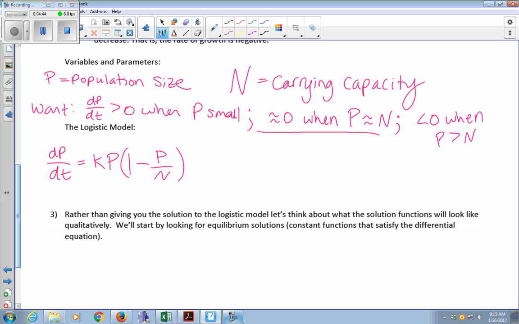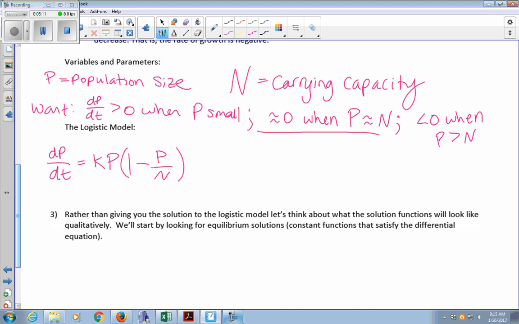When P is really small, the numerator is a very small number compared to N, so this factor is approximately 1, and I have kP. So dP/dt equals kP when P is small. And when P is large, if P is bigger than N, then P over N is a number bigger than 1.